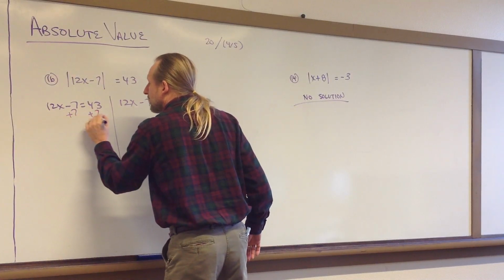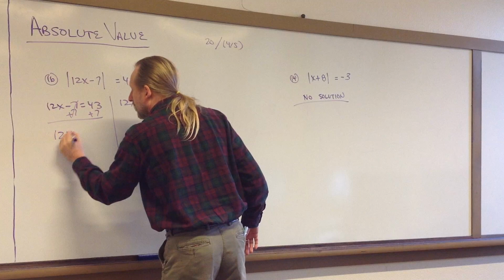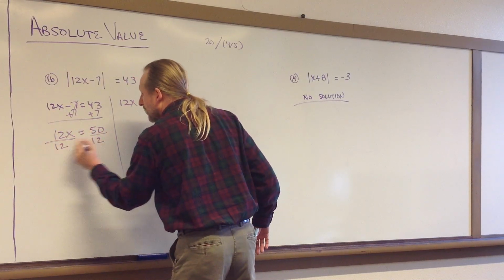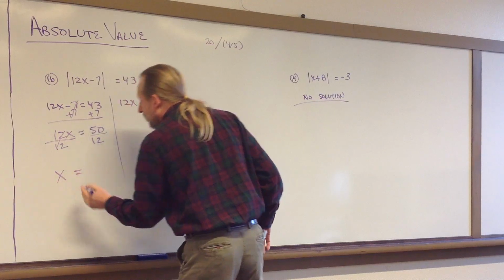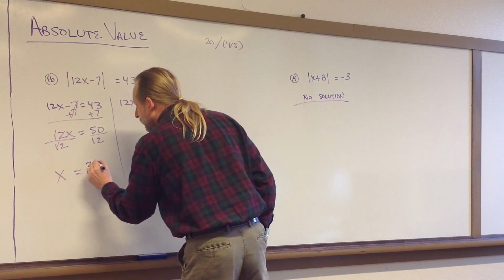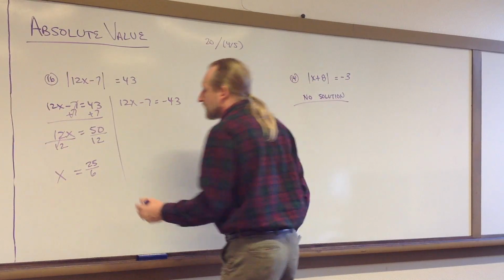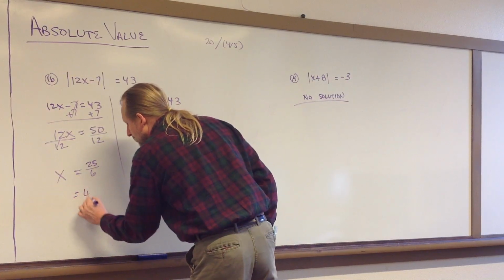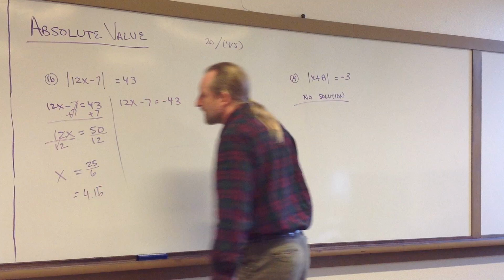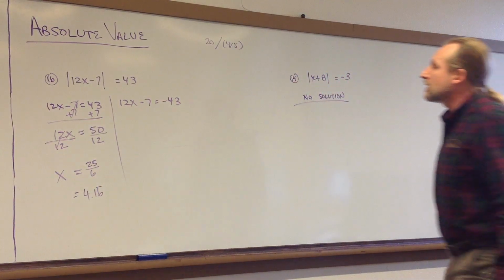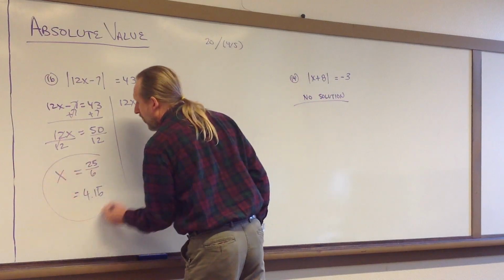So add 7 over here. 12x equals 50. And then divide on both sides by 12. What is this? 25 over 6. So if you like decimals, this one's going to be 4.16 repeating. That's 4 1/6. Okay, so that's one solution.